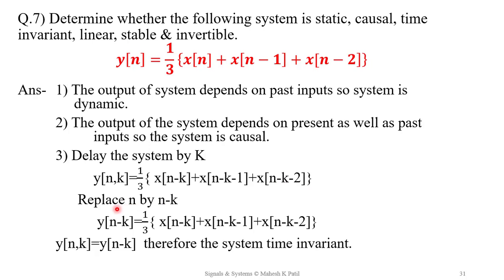Now replace n by n minus k, so we'll get y of n minus k equal to 1 by 3 in bracket x of n minus k plus x of n minus k minus 1 plus x of n minus k minus 2. Now by observing these two equations, we can write y of n comma k is equal to y of n minus k. Therefore, the given system is a time invariant system.